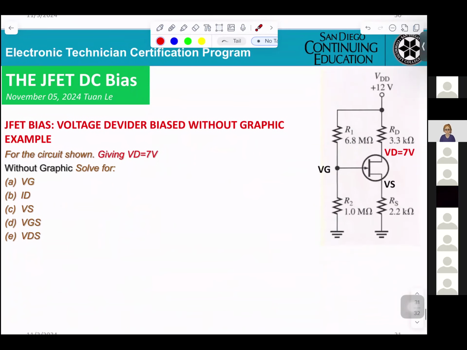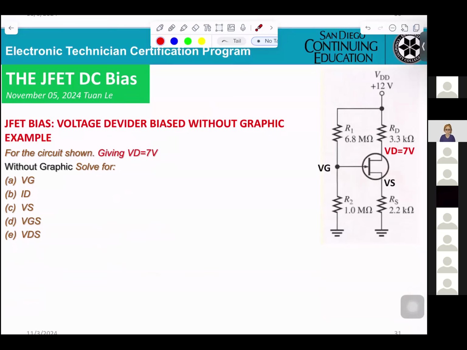Last one. Voltage divider without graphic. If without graphic, they must give you something. They give a VD equal 7 volt.